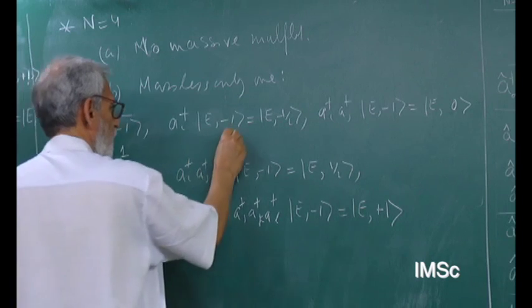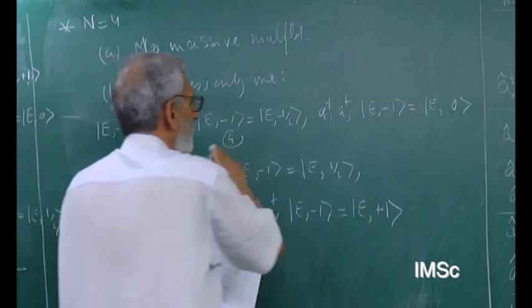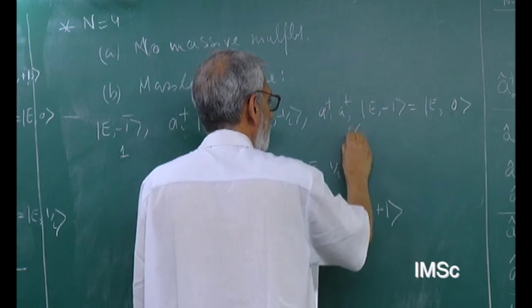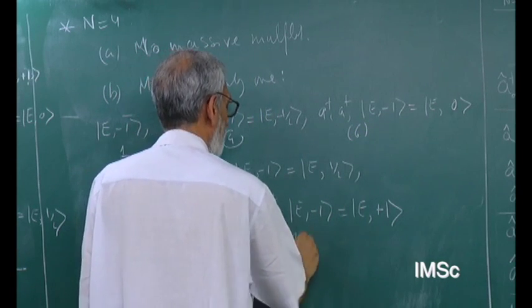One state, 4, because there are 4 oscillators here. This is 6, 4, and 1.